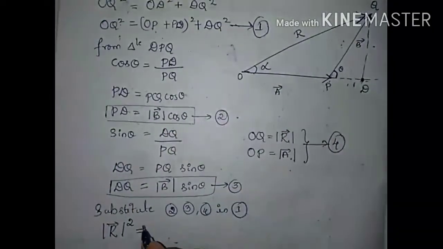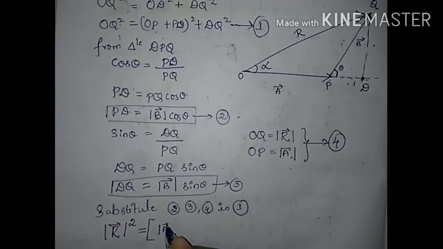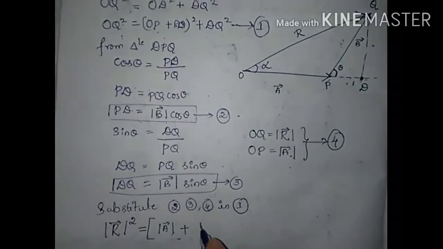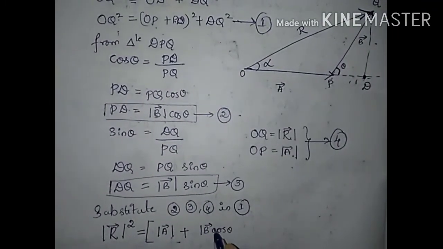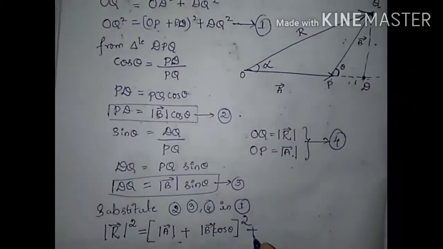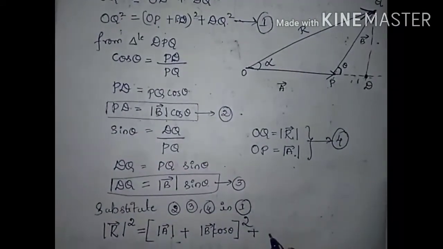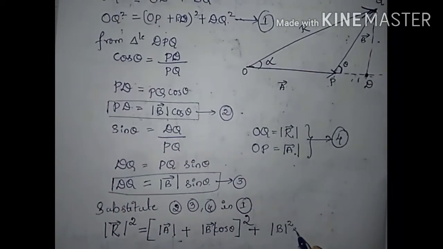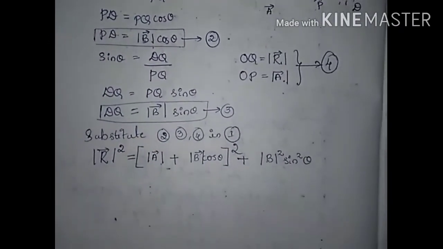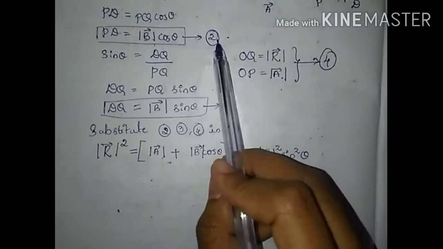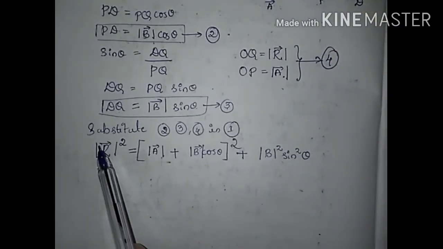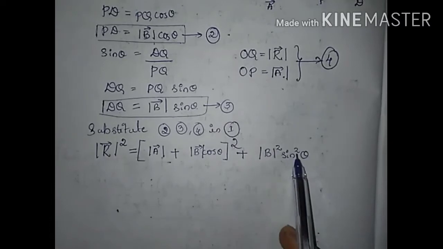Then OP is magnitude of vector A, plus next PD, which is B cos theta, whole square, plus DQ squared, which is B square sin square theta. Hope this is clear to you. So we have substituted 2, 3, 4 in equation 1. Since there is a square in equation 1, we have given square here.